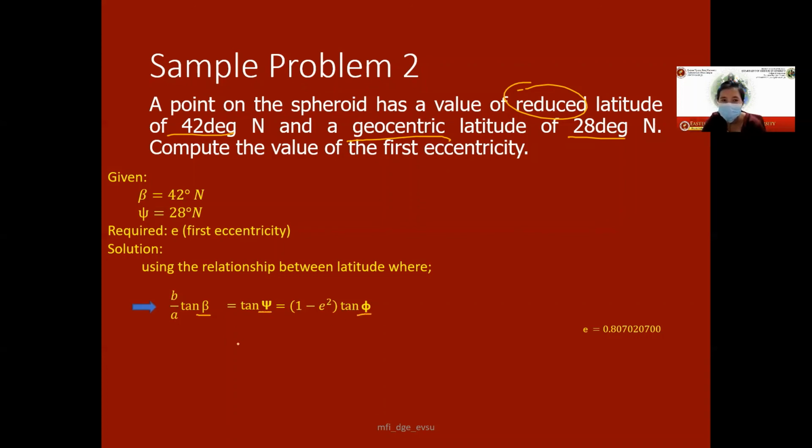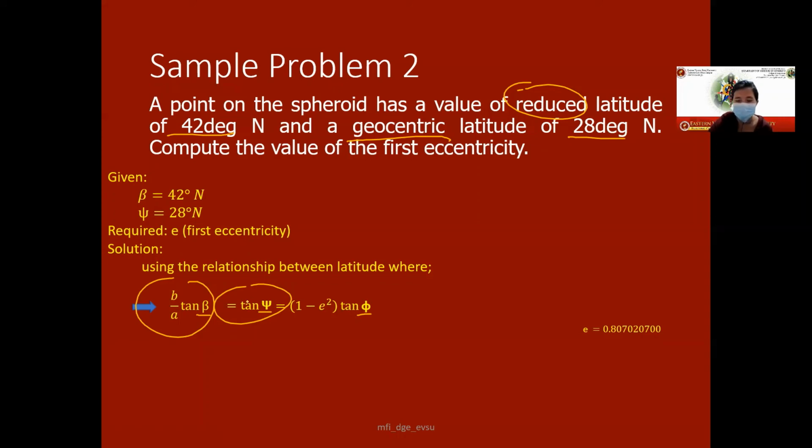For this example, we are dealing with the reduced and the geocentric latitude. So how are we going to compute the value of e if we already have this formula?